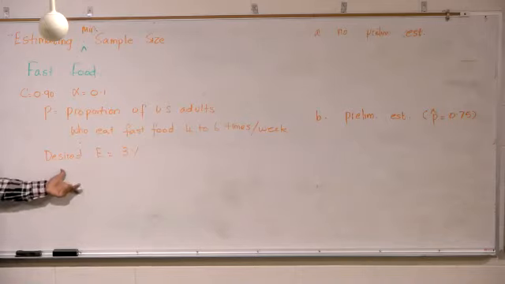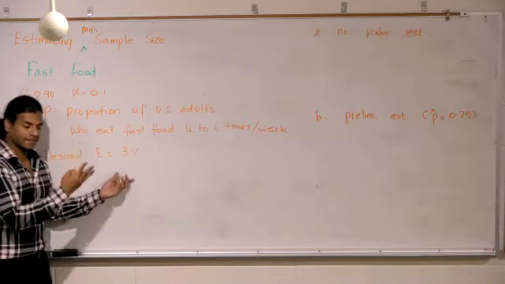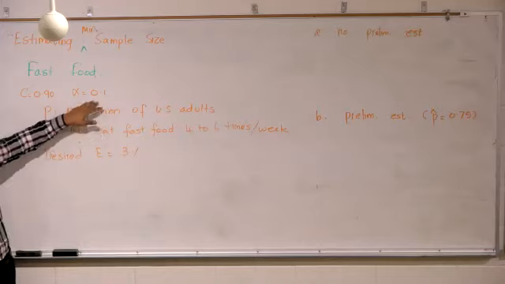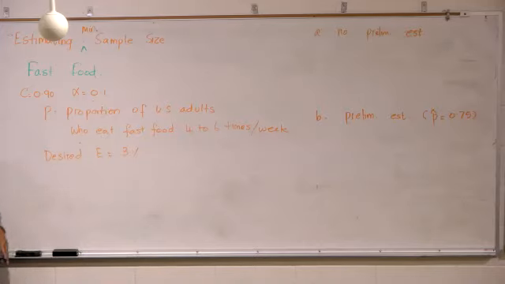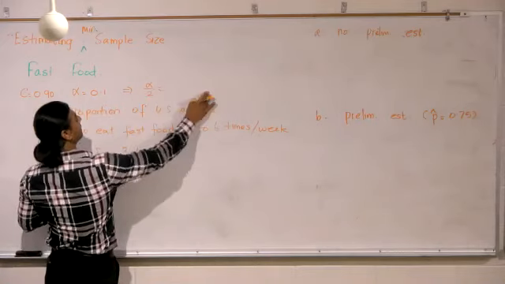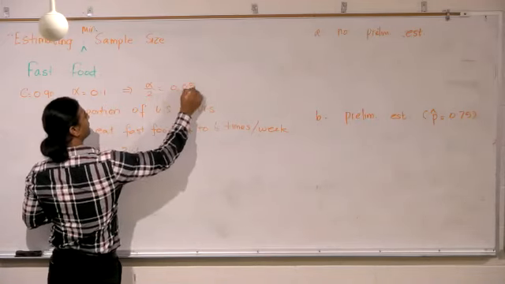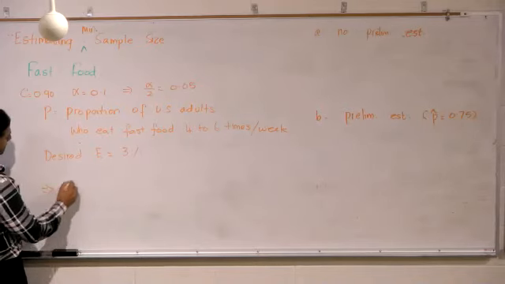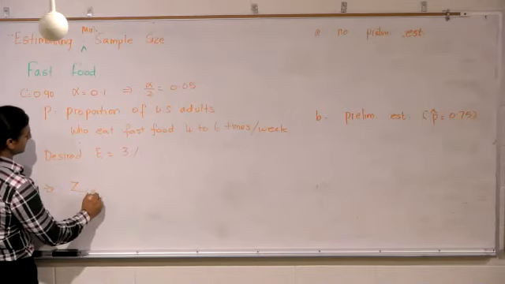Prior to conducting the study, I want 3% as the margin of error. The confidence level that I intend to set is 0.9, which would mean alpha is 0.1. Alpha over 2 is 0.05. We can find the critical value easily using the calculator.